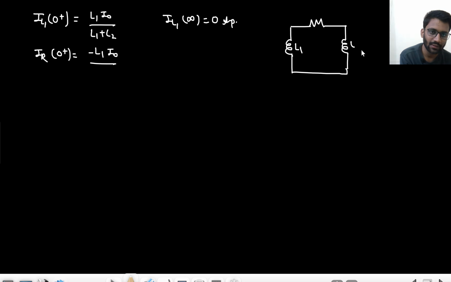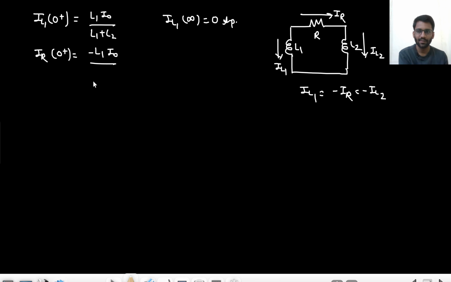This is L1, this is L2, this is R, this is IL1, this is IL2, and this is IR. So IL1 is the negative of IR and is the negative of IL2, right? So this is what is happening, and eventually it goes to 0 ampere, right?